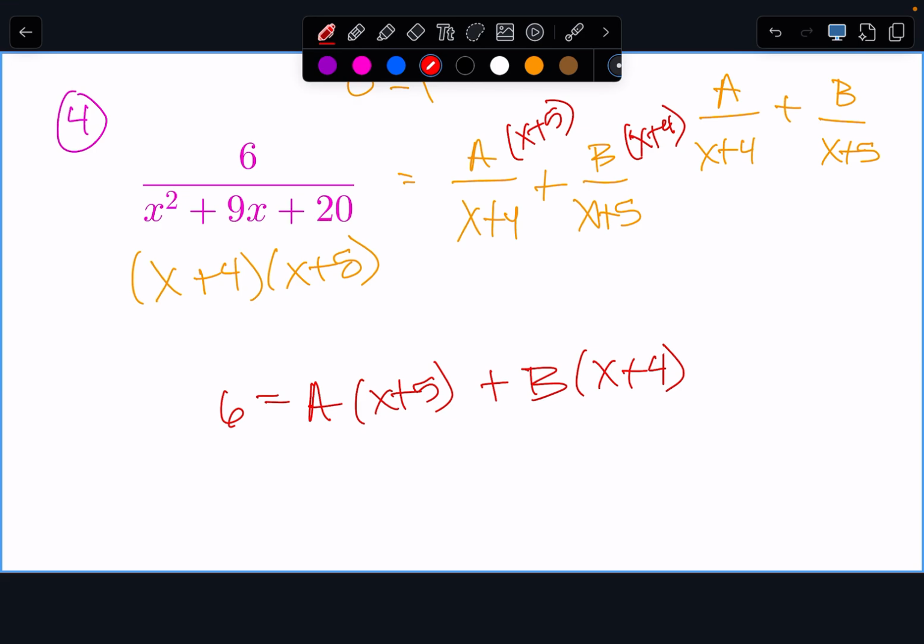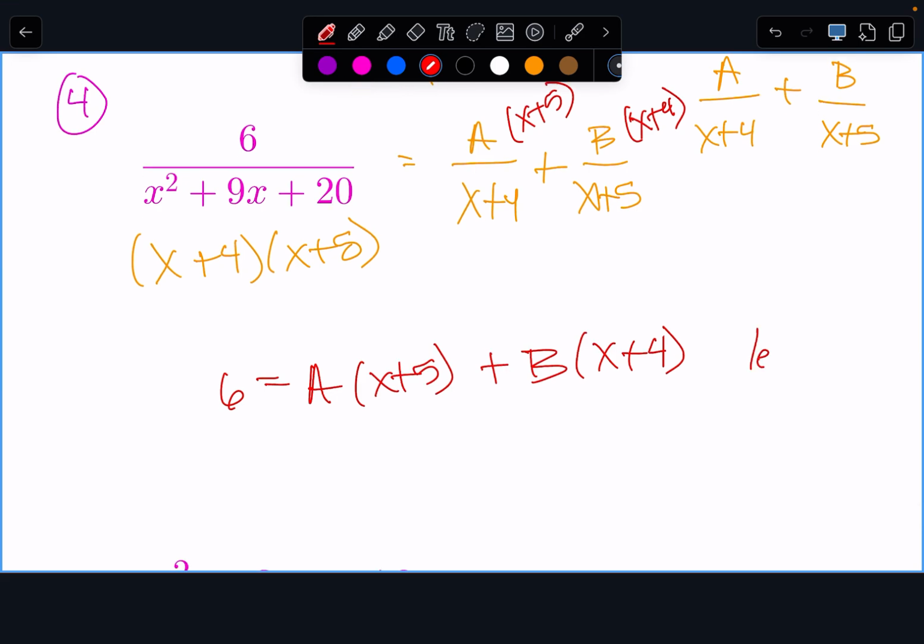And then we have the let x equal, and we'll go negative 5. So 6 equals, and if x is negative 5 here, negative 5 plus 5 would be 0, and a times 0 goes away, and that's by design, plus b times negative 5 plus 4.